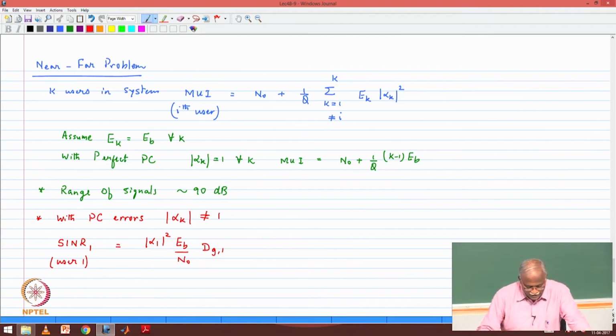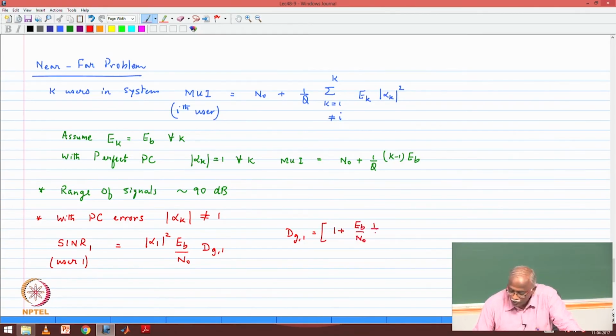The expression for DG1 will be 1 plus Eb by N naught, 1 over Q, mod alpha 1 squared, summation k equal to 2 to uppercase K, of alpha k by alpha 1 magnitude squared.